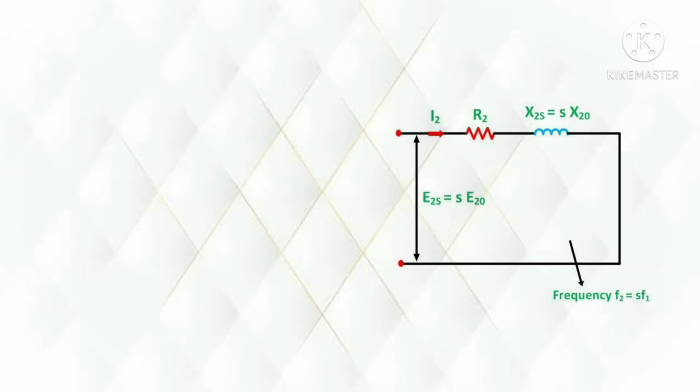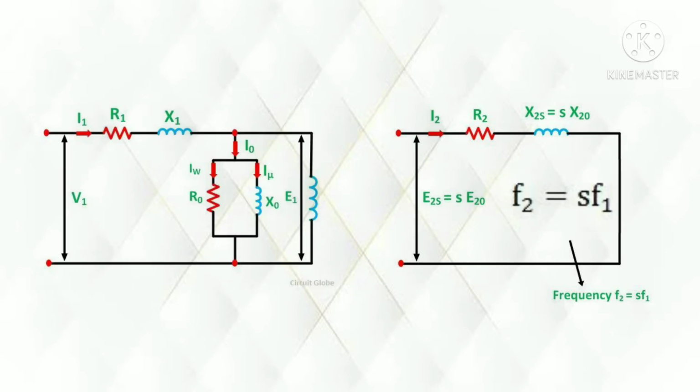The rotor equivalent circuit has a frequency of sf1 and the stator equivalent circuit has a frequency of f1. Two different frequency circuits cannot be added to form a complete equivalent circuit. To get the same frequency in both equivalent circuits, we have to divide the rotor equivalent circuit frequency by s.